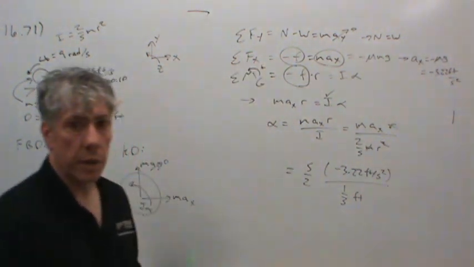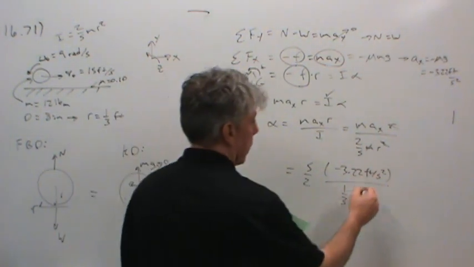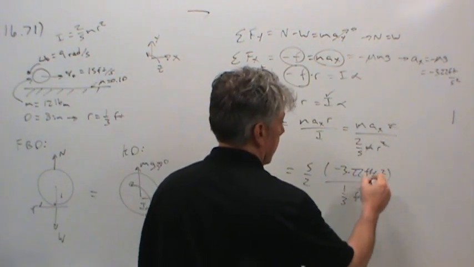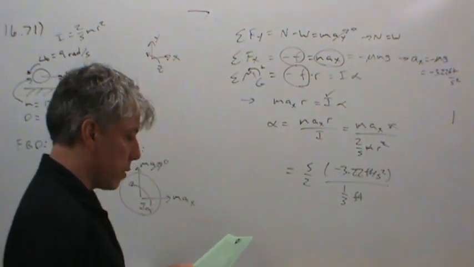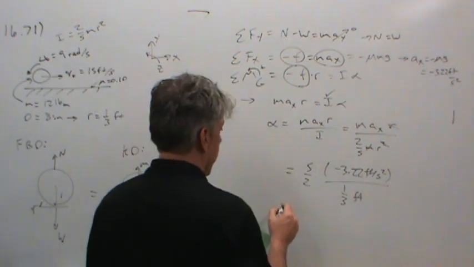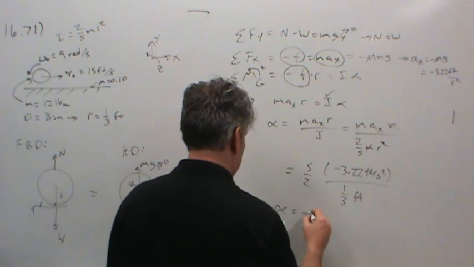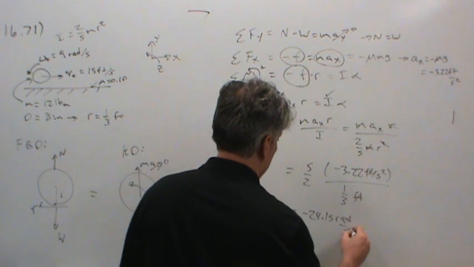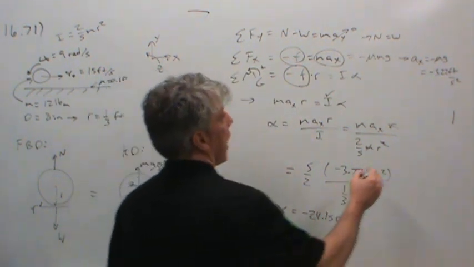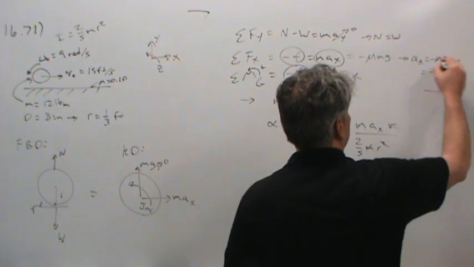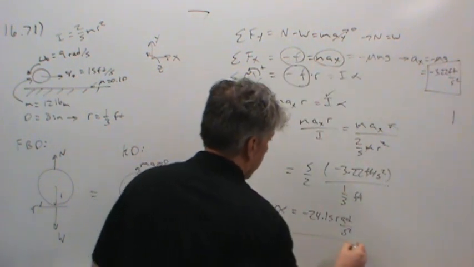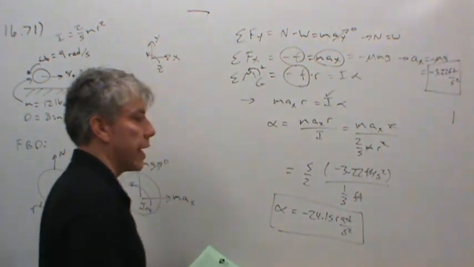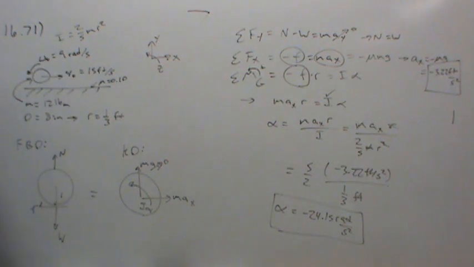What 4 inches are is 1/3 of a foot. So the feet go away. Plug all this into a calculator, and you'll find that the angular acceleration is negative 24.15 radians per second squared. So now we have the linear acceleration of the bowling ball and the angular acceleration of the bowling ball.